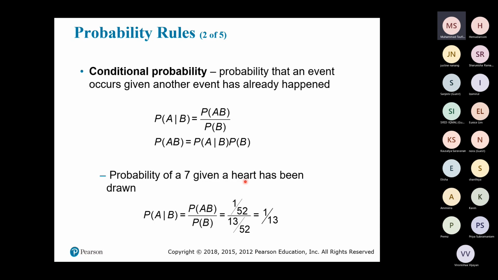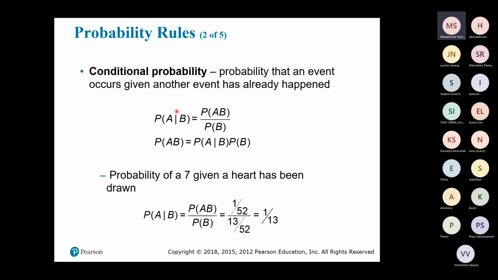Okay, so to calculate that, you just divide the probability that events A and B will both occur by the probability that event B will occur. So how to write it? To represent the conditional probability, you write the probability of a 7 being pulled after a heart.